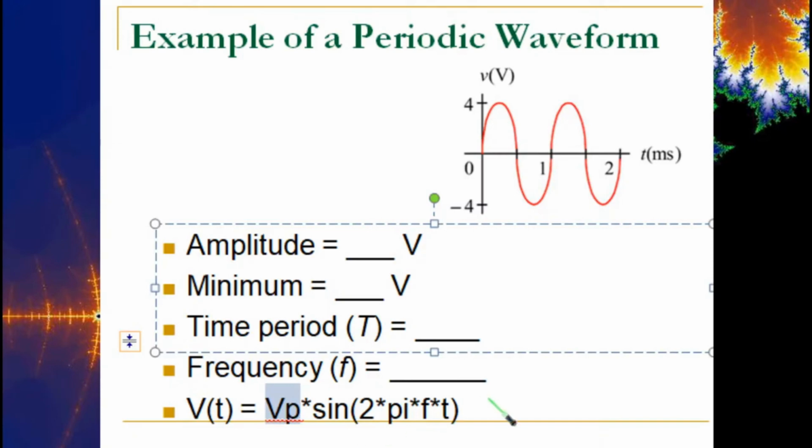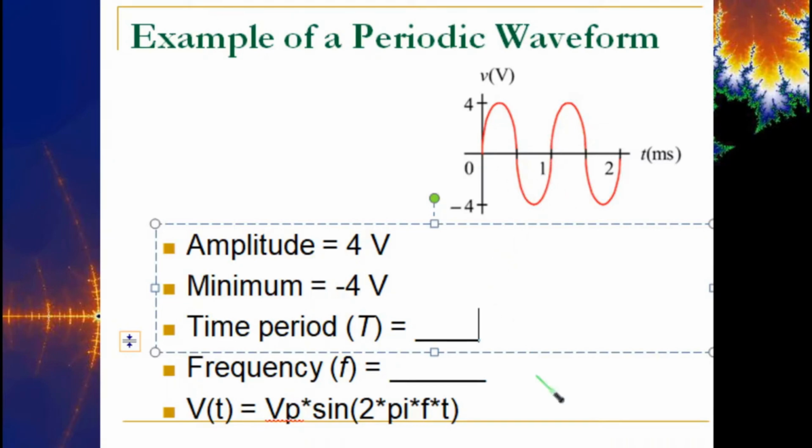Okay. So if we were going to do one for this, what is the peak amplitude? I would say the peak amplitude is 4 volts. What is the minimum, or the negative peak, if you will? That's -4 volts. What's the period? How long does it take to complete one cycle? Well, I can see here there's the positive half, there's the negative half back to 0.